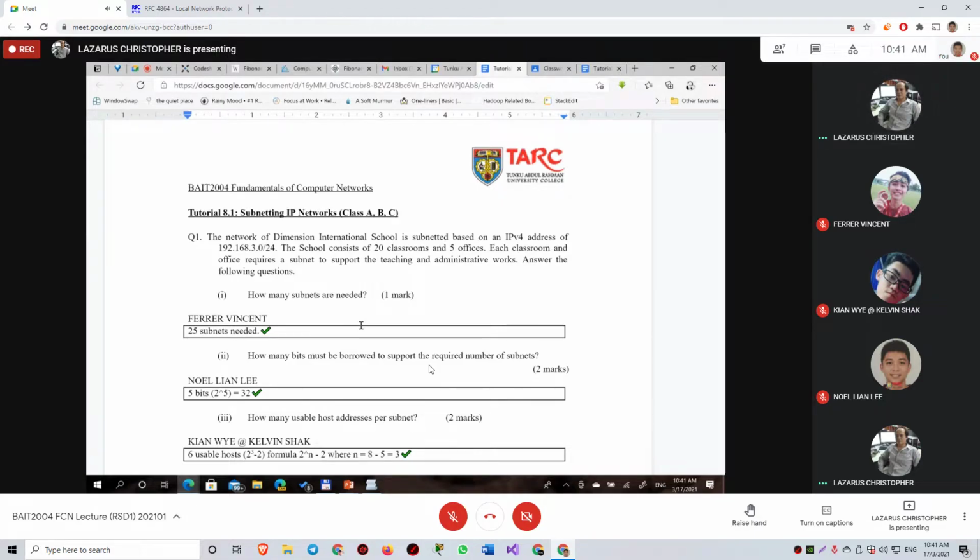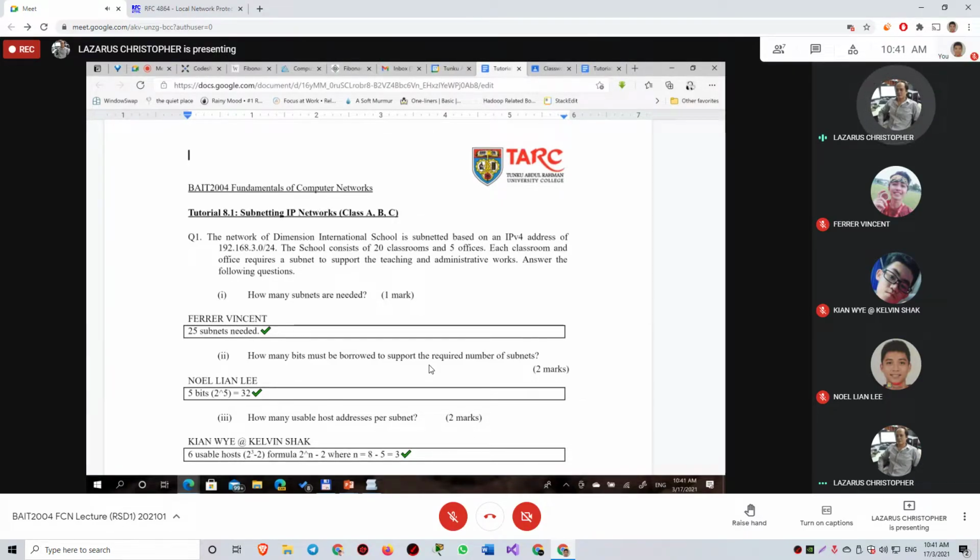/24 prefix. So depending on the address you're given, for example, in this question you're given 192, we know that 192 is class C, so it's a /24. Sometimes they give you the slash prefix already, so you don't have to look at the class. You just depend on the prefix. /24 means 24 bits belong to the network portion, so only one portion is left for the host, and that one octet is 8 bits.